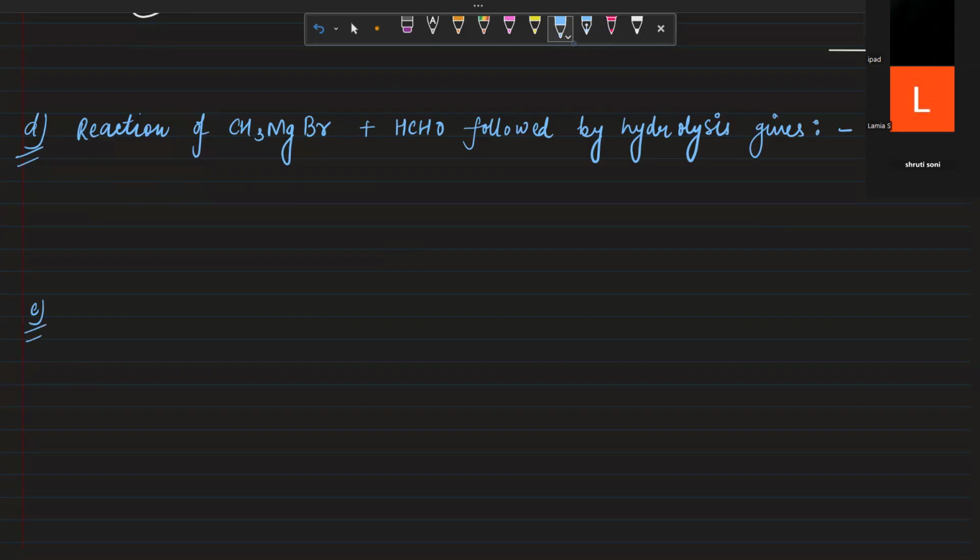Okay, solve the D part. Reaction D: CH3MgBr plus HCHO.